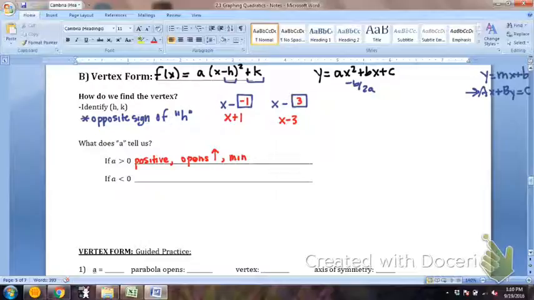If the a value is less than 0, it's negative. Opens down. And it has a maximum.